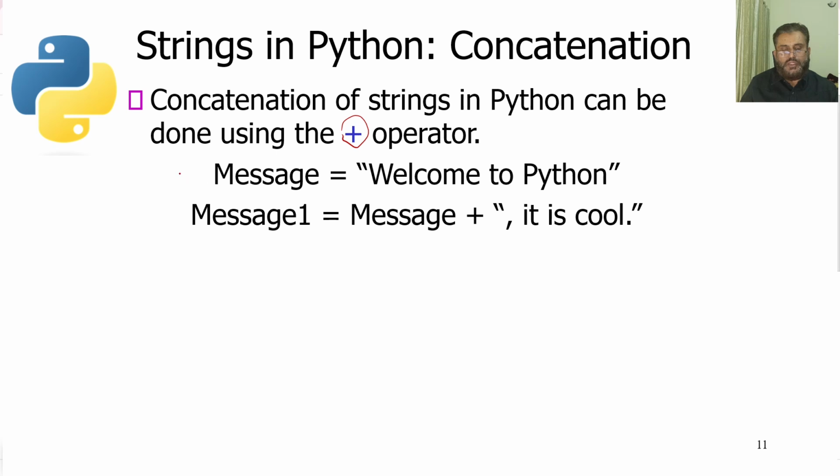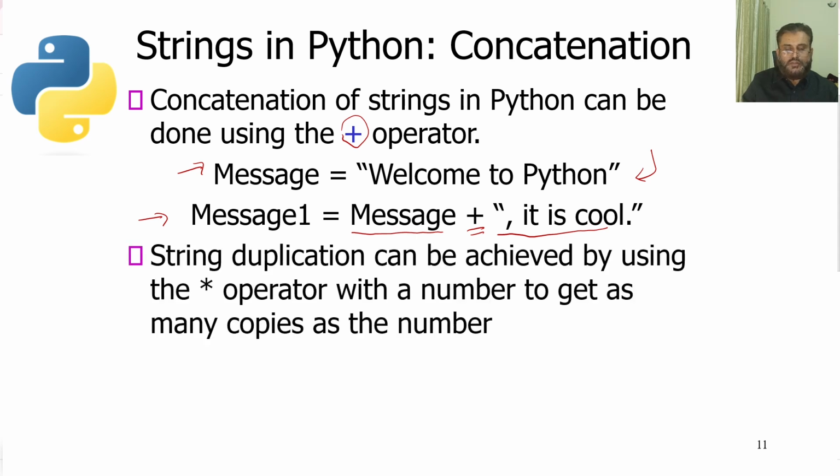I have this first string message, which has the string welcome to Python stored in it, and then we have another variable message 1, which takes the string in message and makes use of this concatenation operator, and then concatenates the second string, which contains a comma, a space, and it is cool. Now if we print message 1, we will see welcome to Python, comma, it is cool.